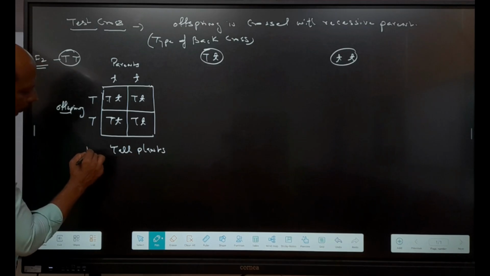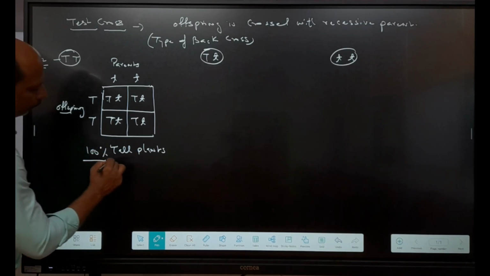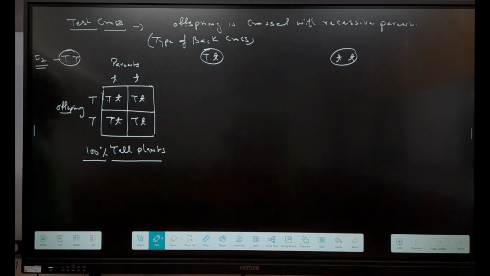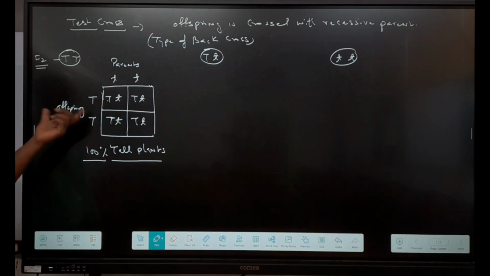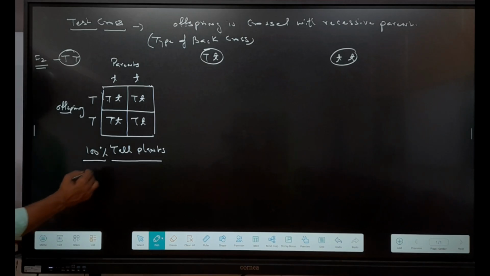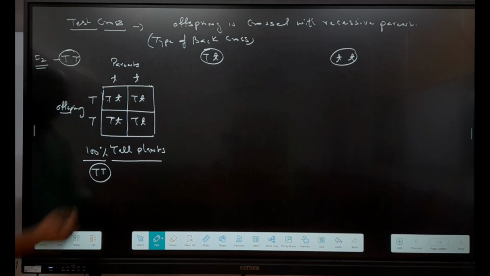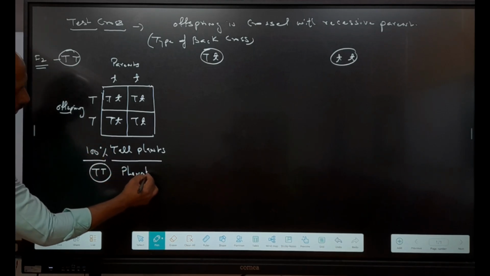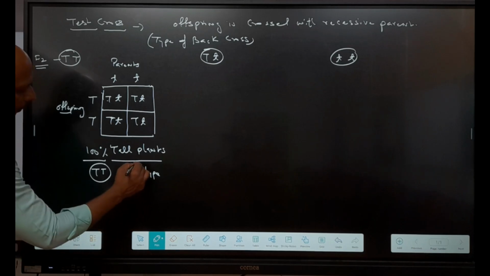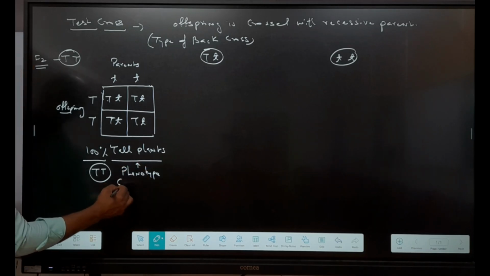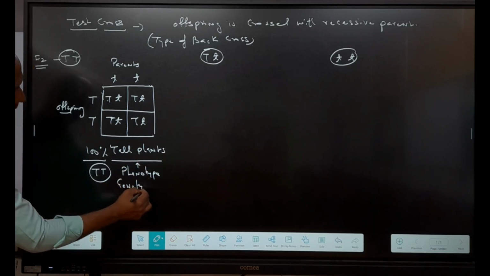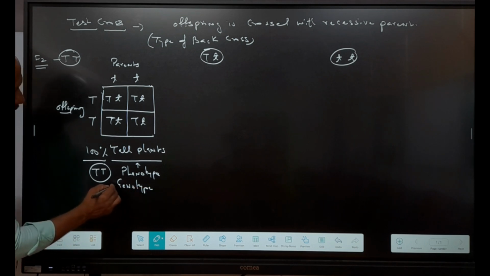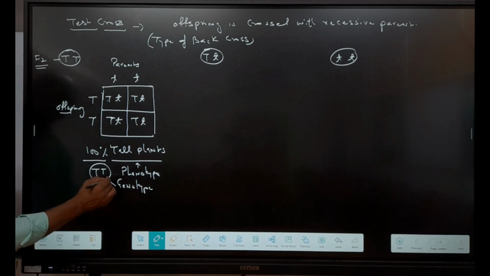Phenotype is 100% tall plants, and 100% tall plants means the offspring is pure tall. This is the phenotype, 100% tall. And genotype means the offspring genotype is capital T capital T.